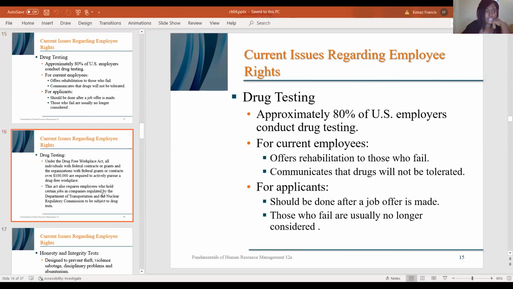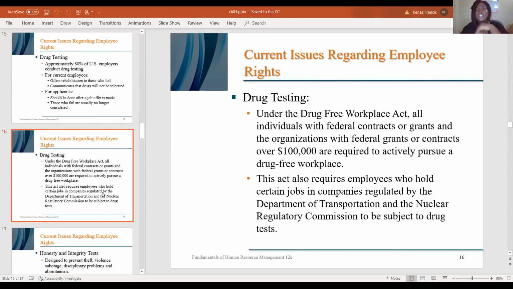All right, so, current issues regarding employee rights. Under the Drug-Free Workplace Act, all individuals with federal contracts or grants, and organizations with federal grants or contracts over $100,000, are required to actively pursue a drug-free workplace, which means you're going to have policies, you're going to have programs, you're going to have tests.